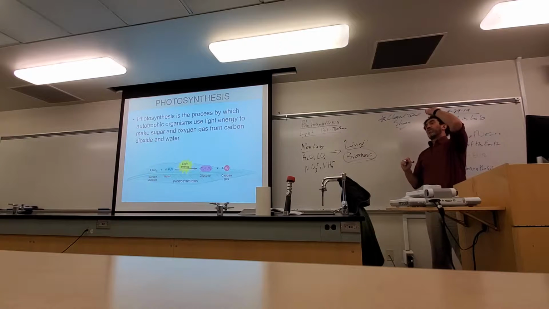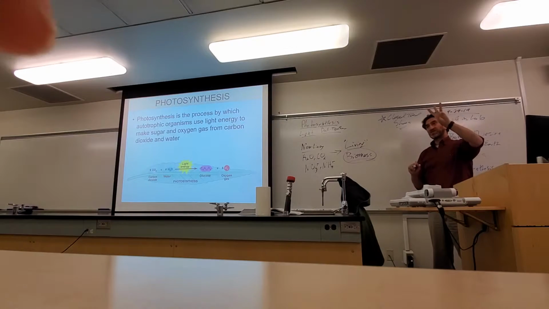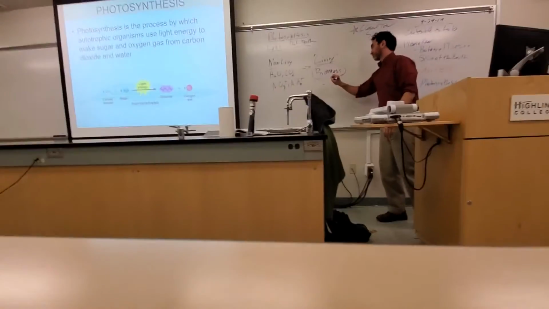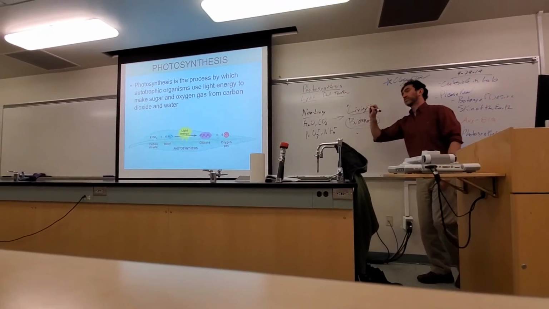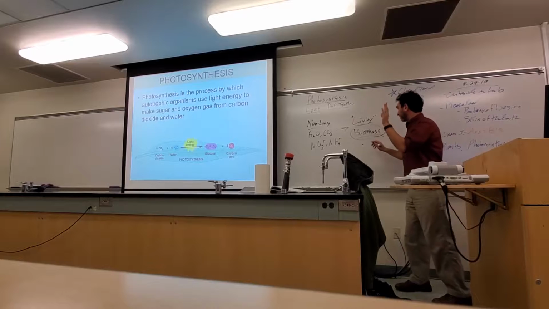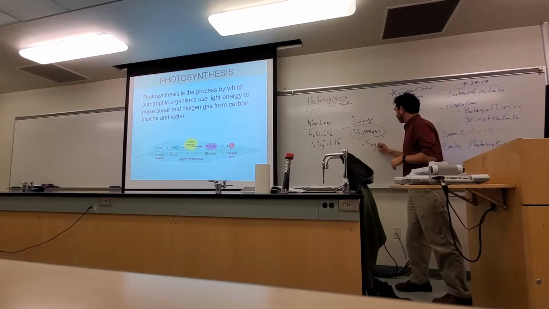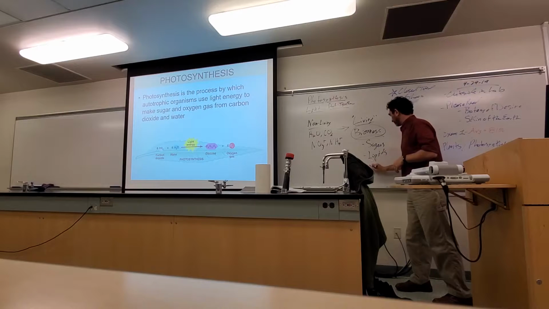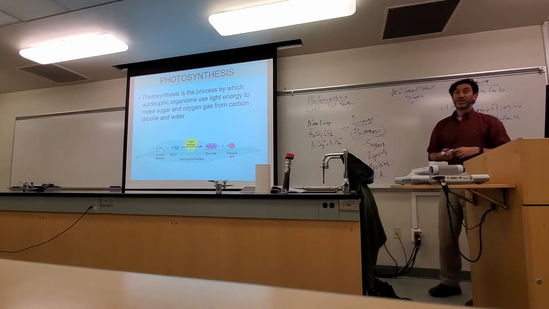Now, when we talk about biomass in everyday life, we're talking about 3 specific groups of molecules. What are the 3 most important groups of biomolecules? Sugars, lipids, and nucleic acids. Nucleic acids are super important.